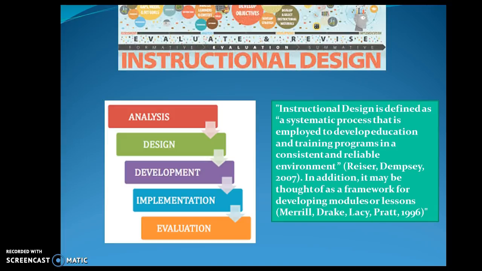It's also defined as a framework to develop modules and lessons. In terms of instructional design, there is a certain process that needs to be followed in order to make this successful. The first stage to take into account is to define the instructional goals by the teacher.